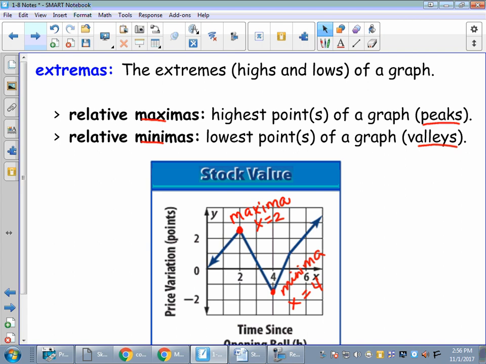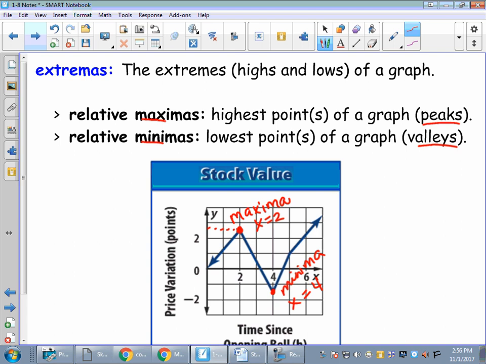So when we talk about this in terms of stock values, time since opening bell, the stock value maxed at 2 hours after the opening bell. The maximum value would be the y value that coordinates with this, so somewhere around here, just under 3 points.